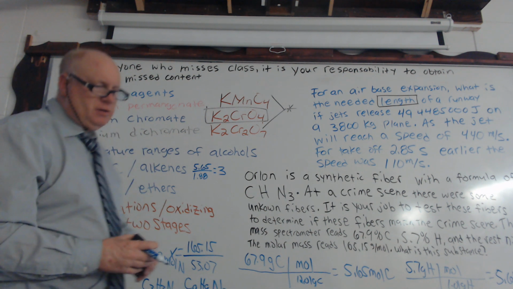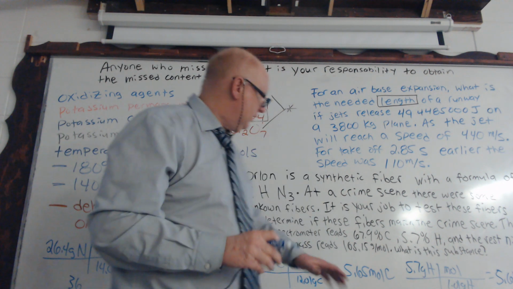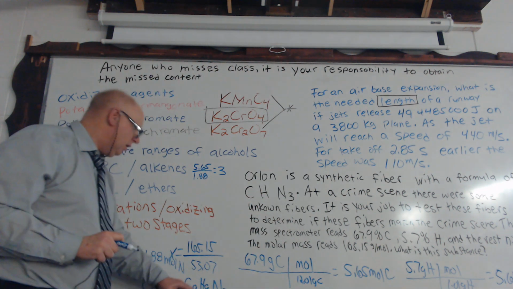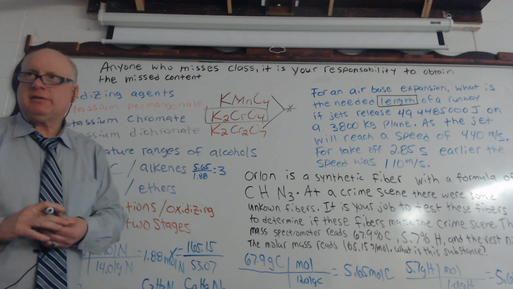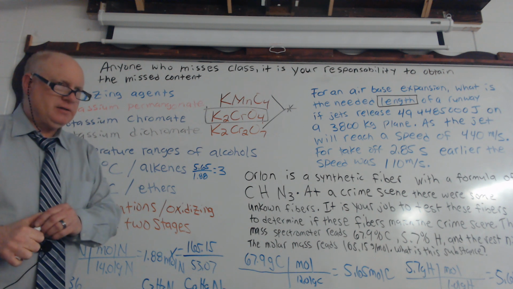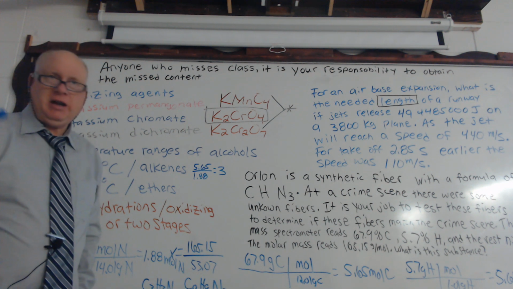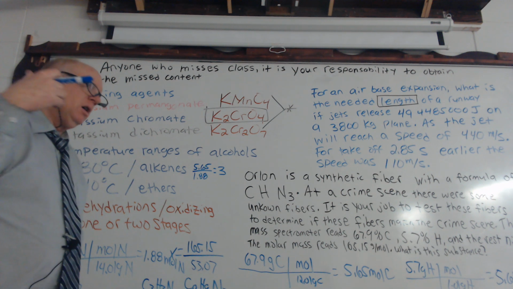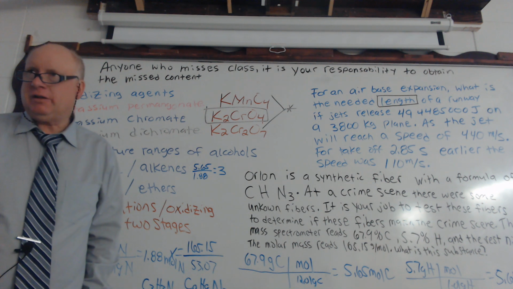Okay, so we can presume that this is a whole number ratio of that, but it's not the same substance. And that's the important part about being perhaps a criminologist or a chemist that works for the state attorney's office or something to that extent.